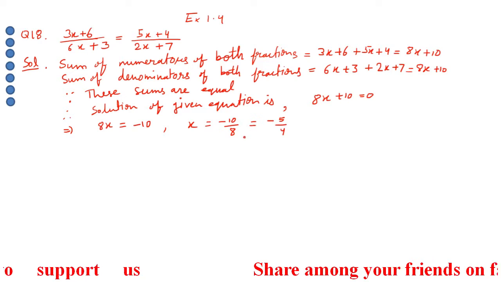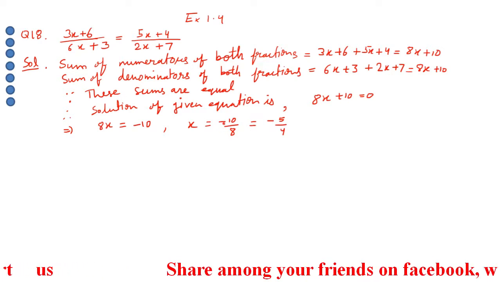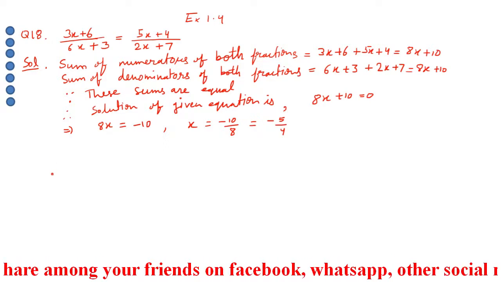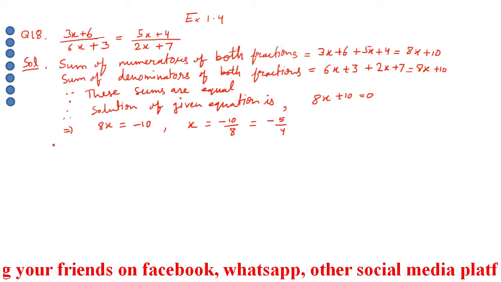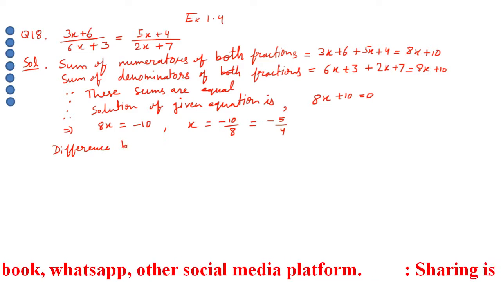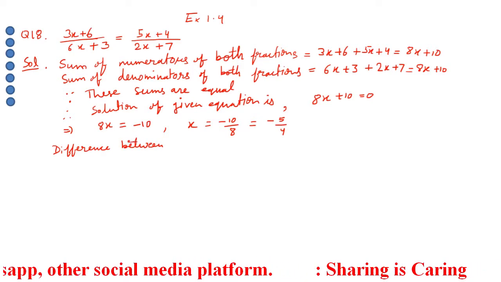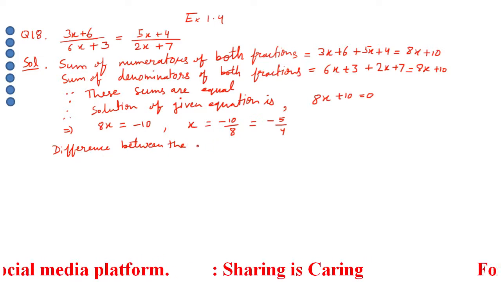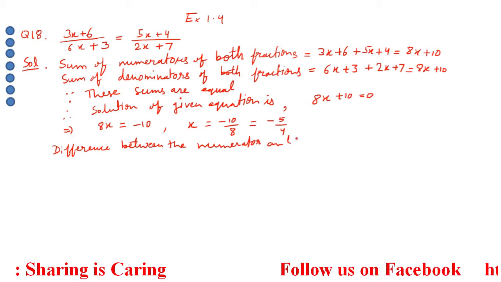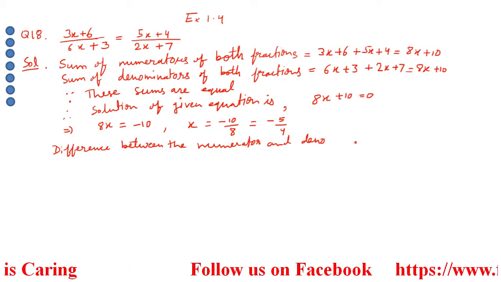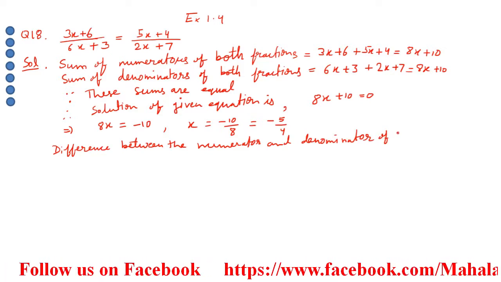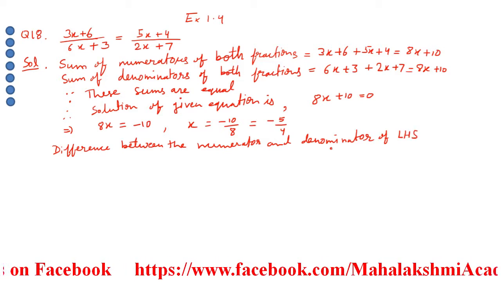Now we'll move to the fifth meaning of the application. In that we have to find the difference between the numerator and denominator of the left hand side. So we'll write here: difference between the numerator and denominator of left hand side.